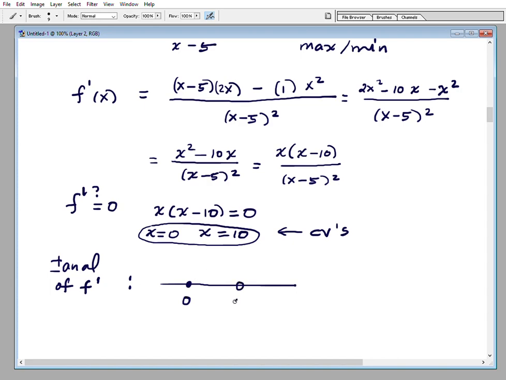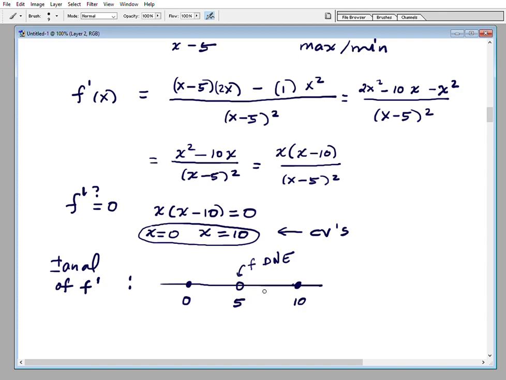For 5, I have an open circle, open because f does not exist here, not because of f prime. We really want to get information about f. So that's that little nuance: open circle because of f, not because of f prime.